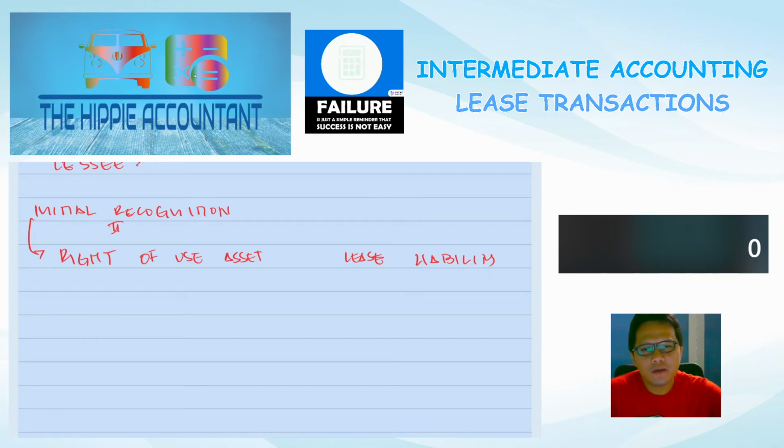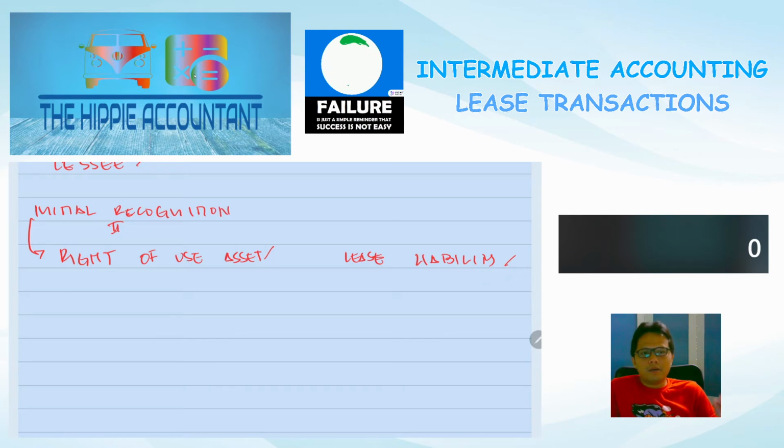So, actually, yung problem lang naman talaga dito on initial recognition is that we should know what is the component of the right of use asset and what is the component of the lease liability.